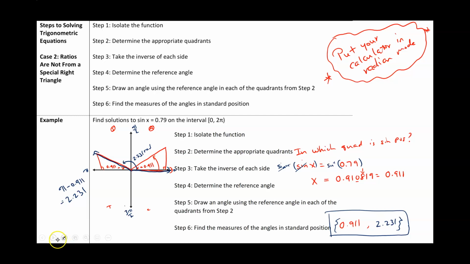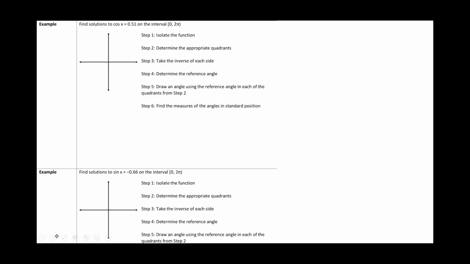Okay, let's take a look at the next example. We want to find the solutions to cosine of x equals 0.51 on the interval 0 to 2 pi. So first, isolate the function. It's by itself, so that's good. Determine the appropriate quadrants.